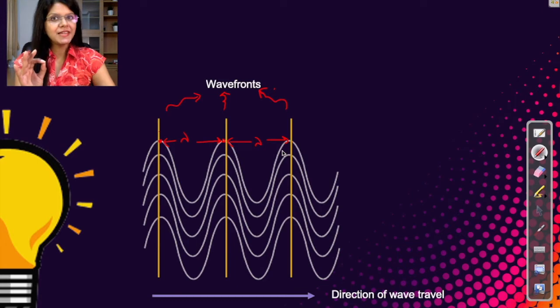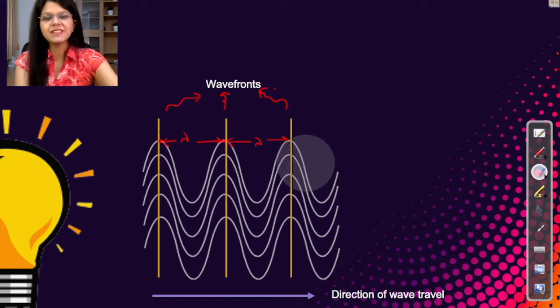So what can you say about the distance between two consecutive wave fronts? The distance between two consecutive wavefronts is one wavelength. Two consecutive wavefronts means two wavefronts which are next to each other. So if you look here, wavefront 1 and wavefront 2 are next to each other.